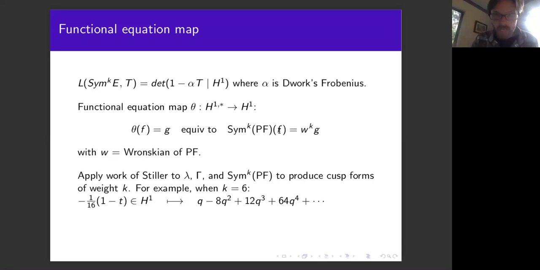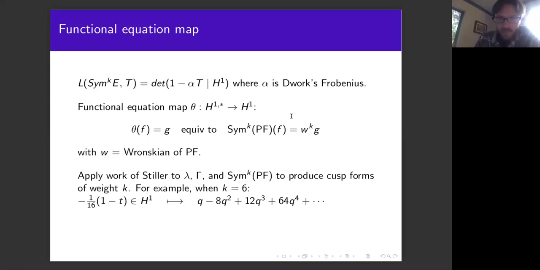And you plug in f. You don't get 0 when you plug it into the differential equation. It's not a homogeneous solution. You get w to the k times g, where w is the Wronskian of the Picard-Fuchs.